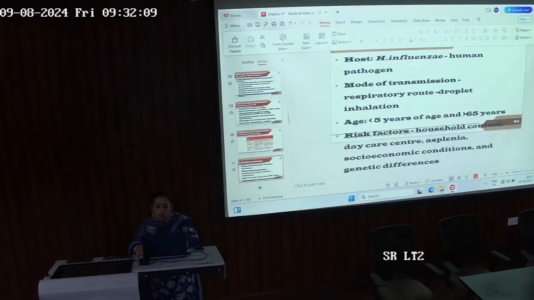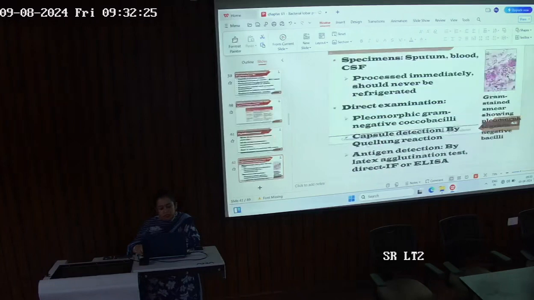H. influenzae is a human pathogen and it is spread by droplet inhalation. Age less than 5 years and more than 65 years are mostly involved. Risk factors are household contacts, daycare centers, asplenia, socioeconomic conditions, genetic differences in the patient.